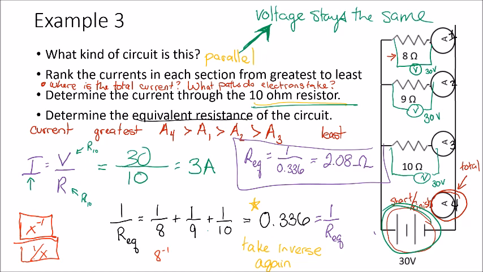You press 8 and then the button, 9 and then the button, 10 and then the button, and then press enter and it'll still give you 0.336. But then you can do 0.336 to the negative 1, and it'll give you the answer of 2.08 still.